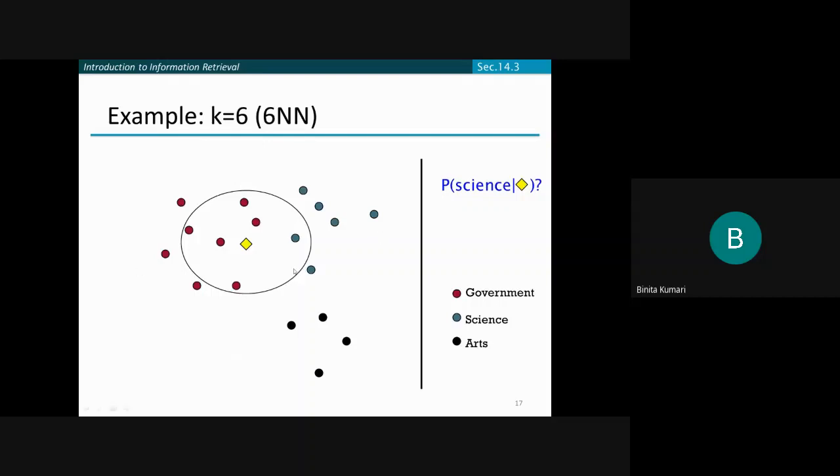So the same example which we discussed earlier: this set of maroon filled circles represent the class government. This represents the class science, and this black one represents the class arts. Now this is my test document, the yellow one. So I need to find out to which class it should belong.